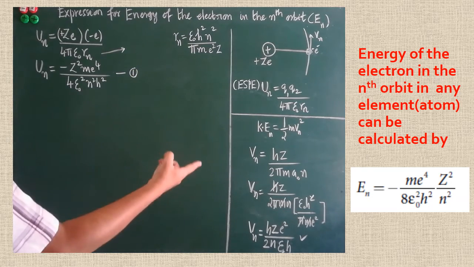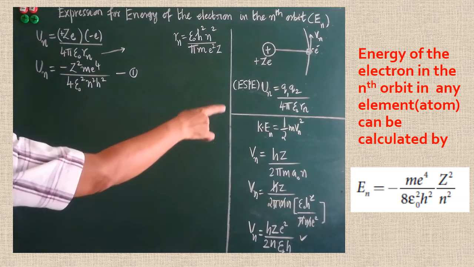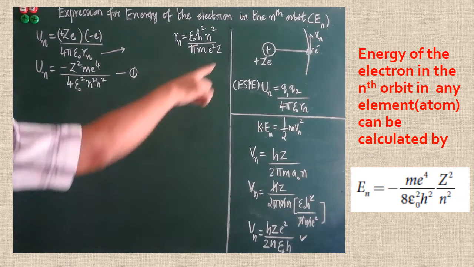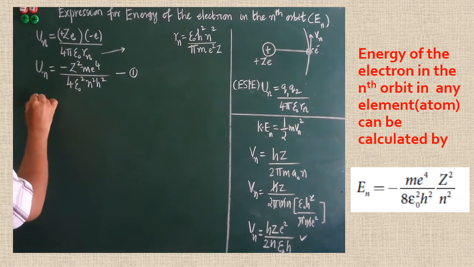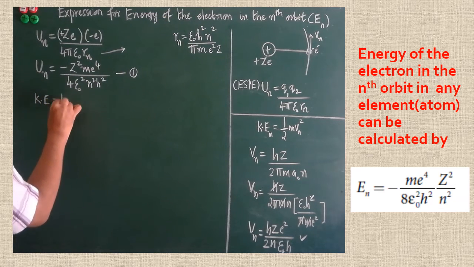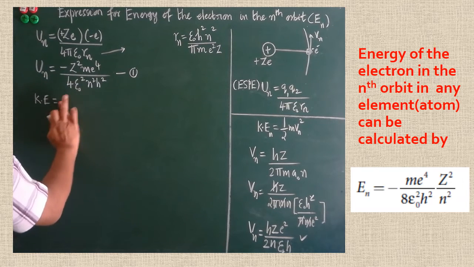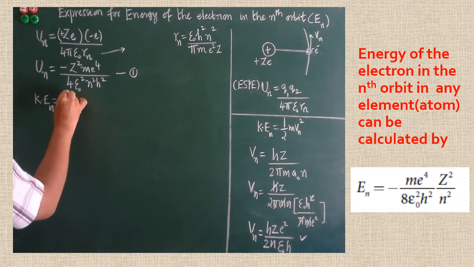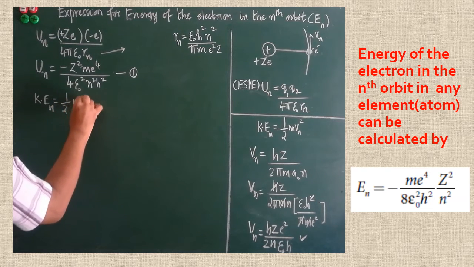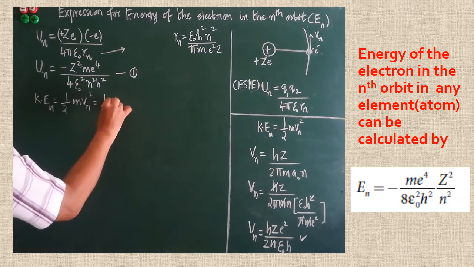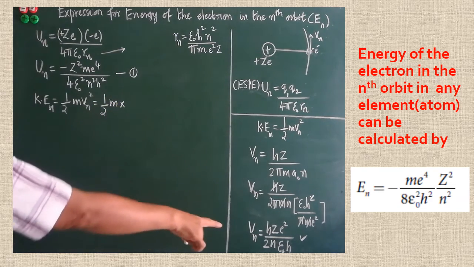What is the other one? The other one is kinetic energy. When the electron is revolving in the circular orbit, it possesses kinetic energy due to its tangential velocity. The kinetic energy can be written as Ek. The formula is half m vn square. Half into m into vn, which is already calculated.